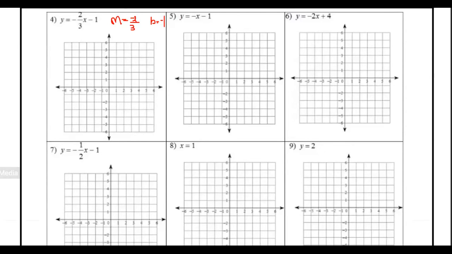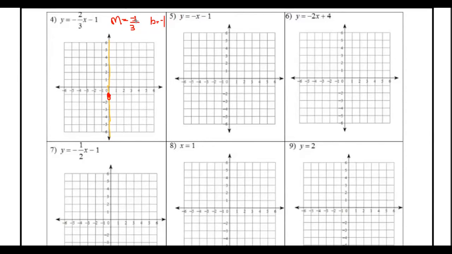Now that I have that identified, I am going to plot the y-intercept, and I just plot that directly on the y-axis. So I need to come down to negative 1 and just put a dot right there. That's from the y-intercept.